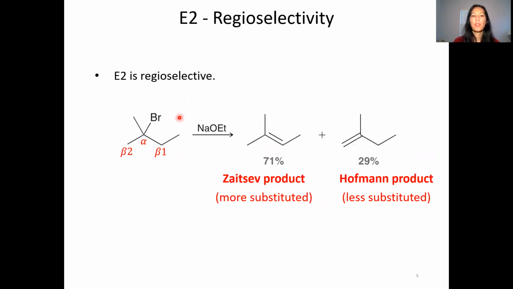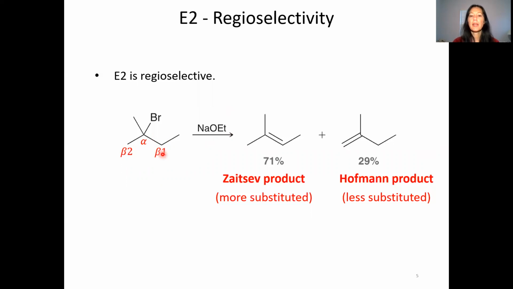So if I start with this alkyl bromide, here's my alpha center, but it's the beta hydrogens I can abstract. So there are 2 types. I have 2 methyls here, so these are identical types of hydrogens. And then there's this ethyl group that has a beta hydrogen here. So if you have a small base like sodium hydroxide, it can deprotonate either of these.